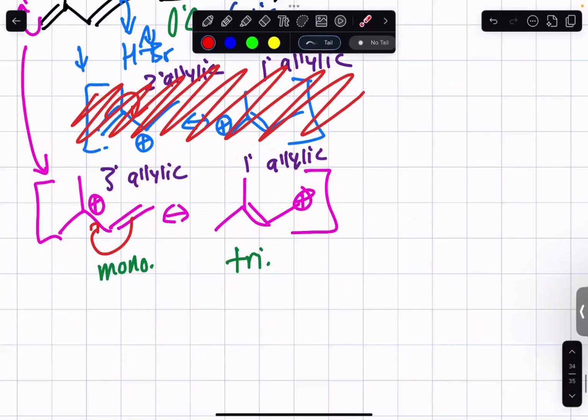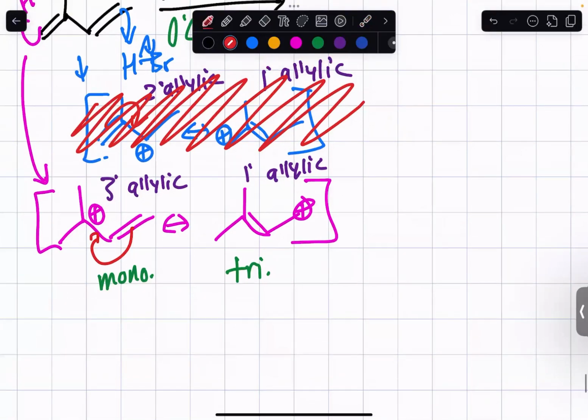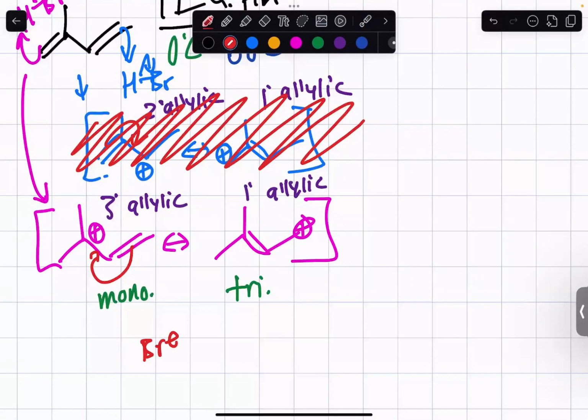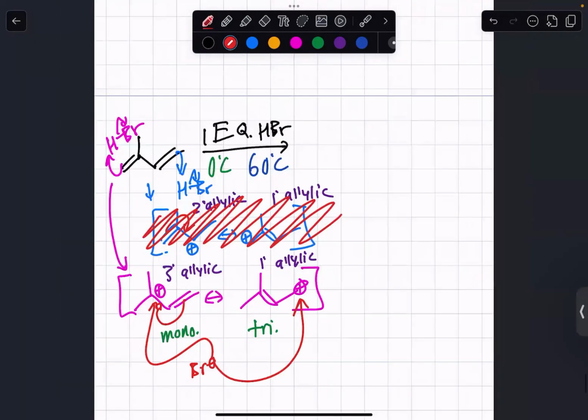Okay, so now the Br minus that got kicked out is just gonna attack those carbocations and give us our products. If we were given 0 degrees Celsius in green, our kinetic product, like you guys said, is A, where the bromine attaches there. Our thermodynamic product is this, when the bromine attaches here, right? Thermodynamic, more stable alkene.